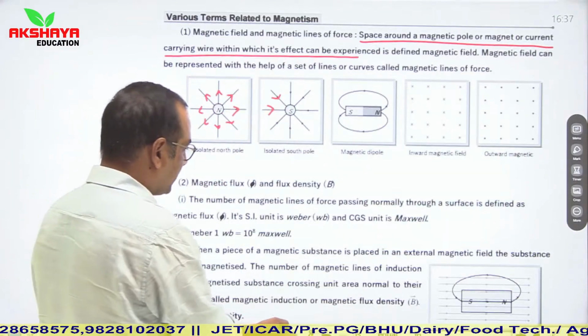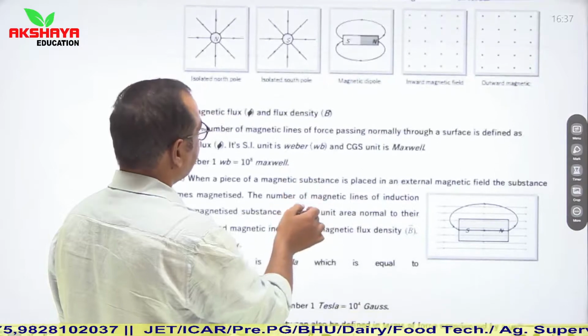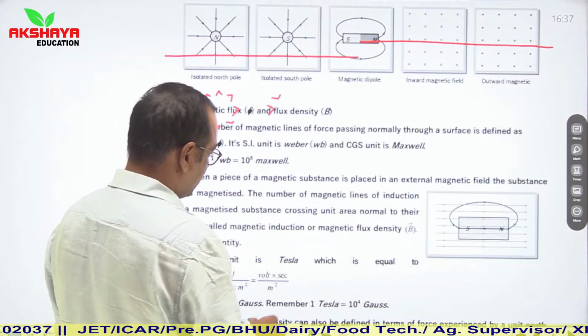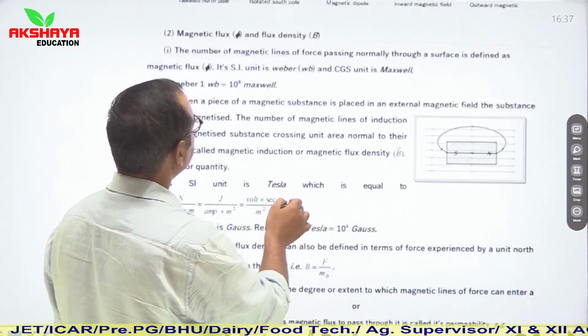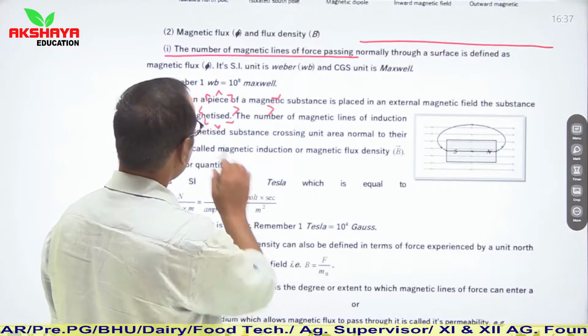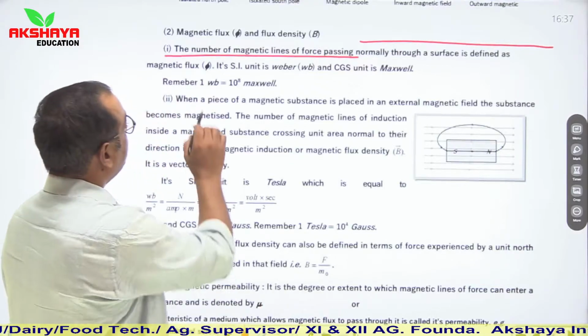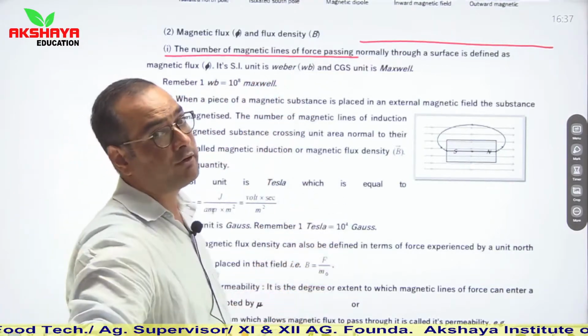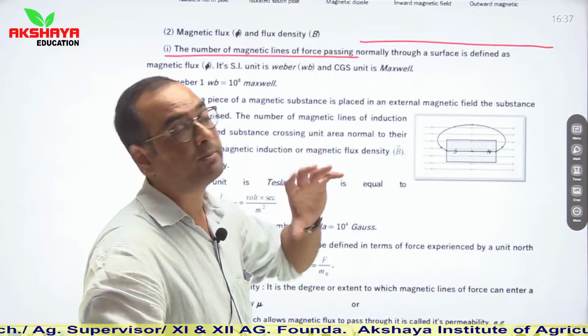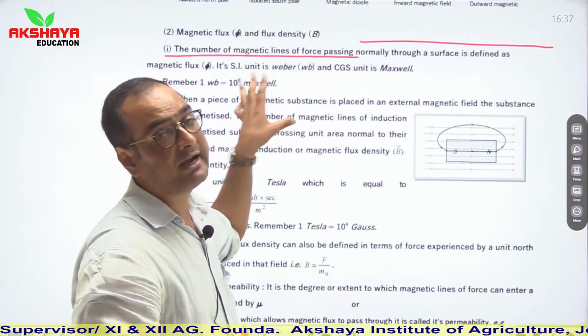Now see magnetic flux and flux density. The number of magnetic lines of force passing normally through any given surface is defined as magnetic flux.